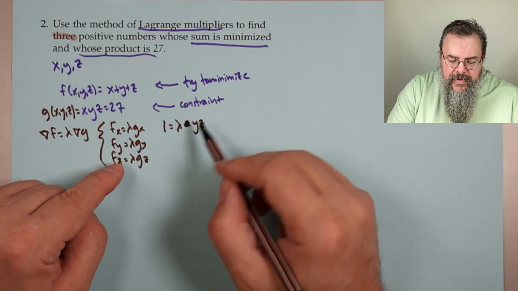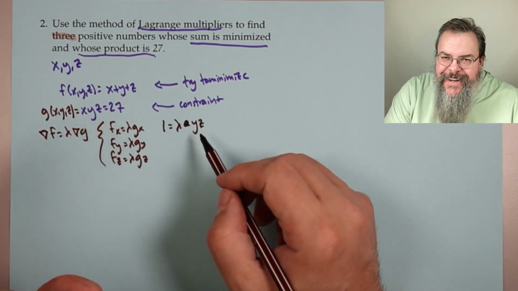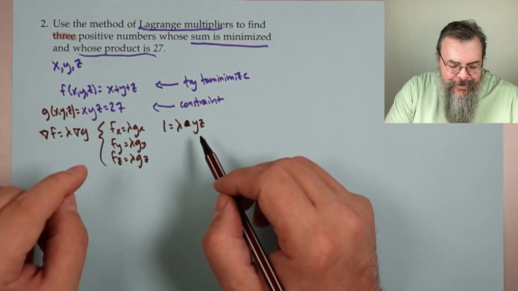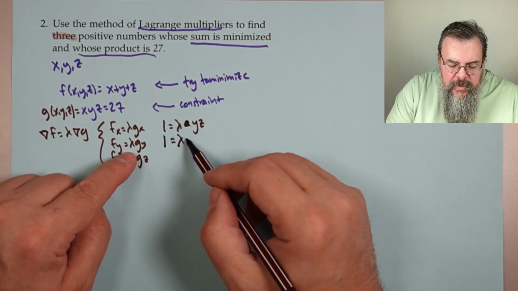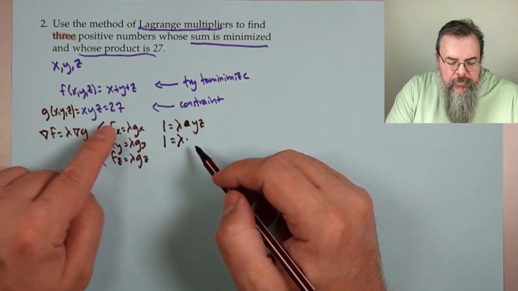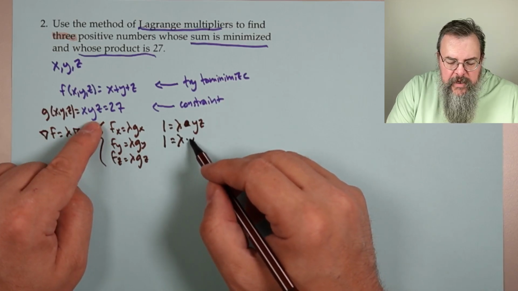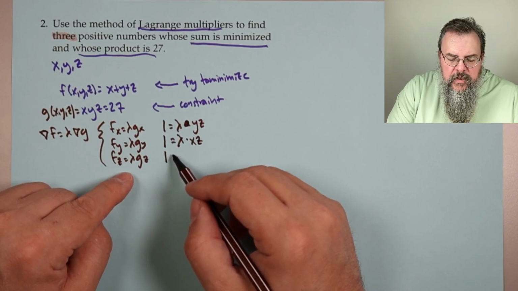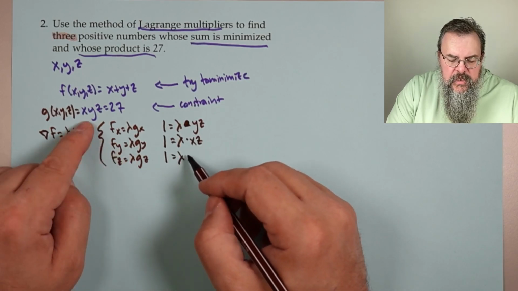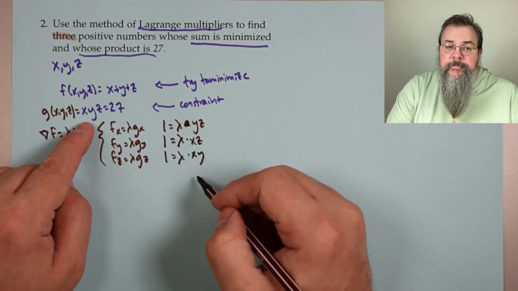Should have written down that equals. All right, f sub y is 1 equals lambda times g sub y, the derivative of g with respect to y, x z. And f sub z is 1 equals lambda, g sub z is xy.